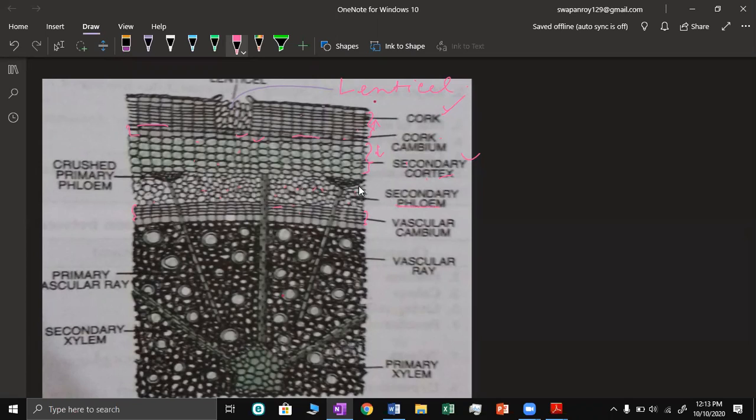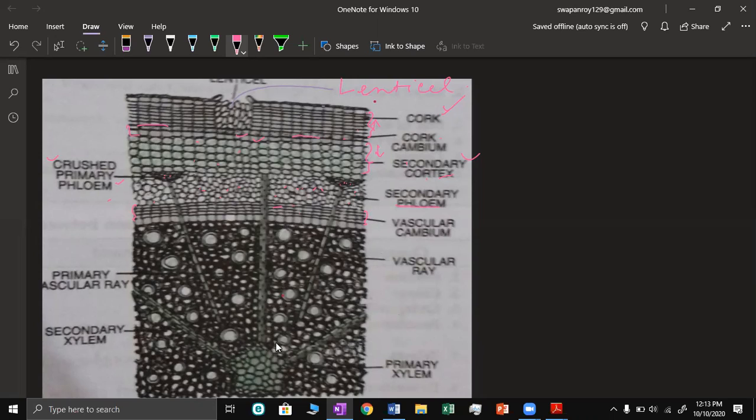These cells you can see are the crushed primary phloem, due to the continuous pressure by this growing secondary phloem. The primary phloem is usually smaller in quantity and soft tissue compared to the secondary, so it is usually crushed.